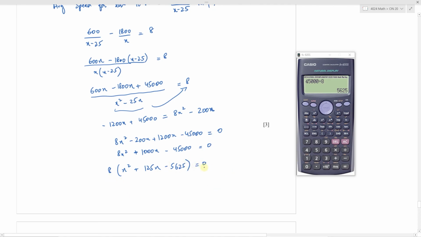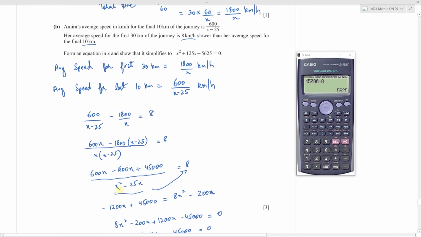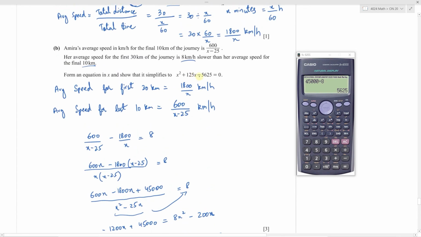And if I take this 8 to the other side, 0 divided by 8 is simply 0. So I'm left with x squared plus 125x minus 5625 equals 0. So this is what you had to show. This is the same equation that was given in the question.